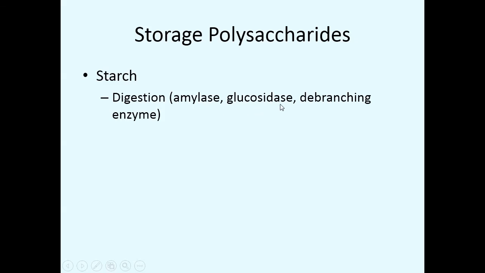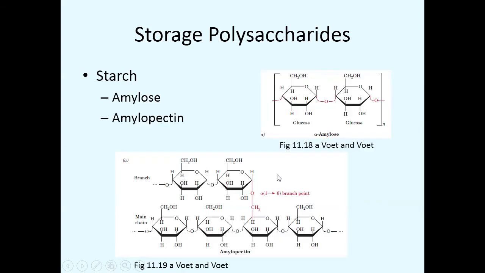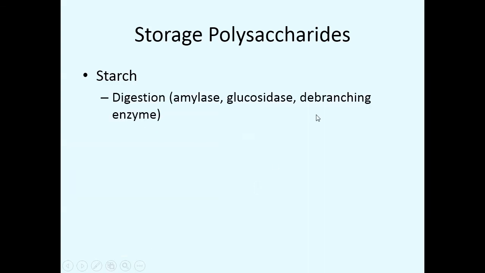Glucosidase is an enzyme which breaks down starch to release glucose monomers. There are also special enzymes which are needed for breaking the alpha-1 to 6 linkage. These are called debranching enzymes as they remove the branches by breaking down alpha-1 to 6 glycosidic bonds.